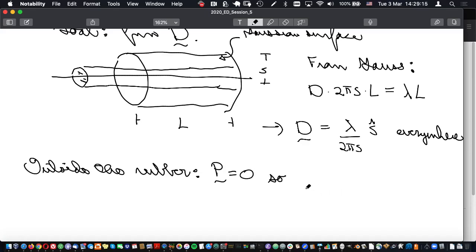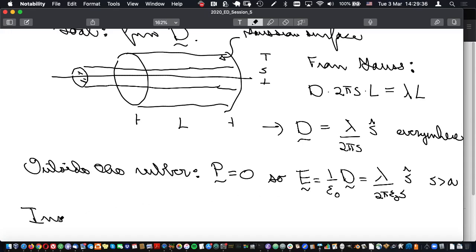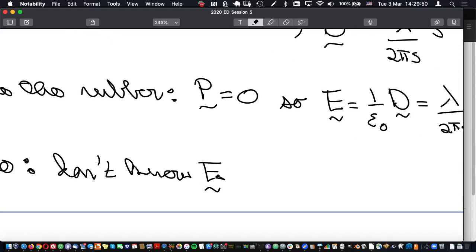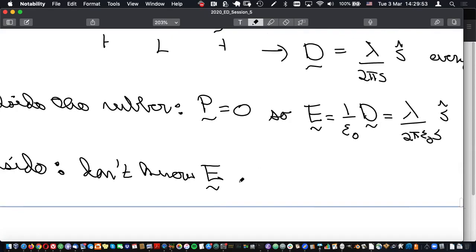So then the electric field is just 1 over epsilon 0 D outside, and that's just lambda over 2 pi epsilon 0 S hat, for S greater than A. So inside, we don't know E, because we don't know P.